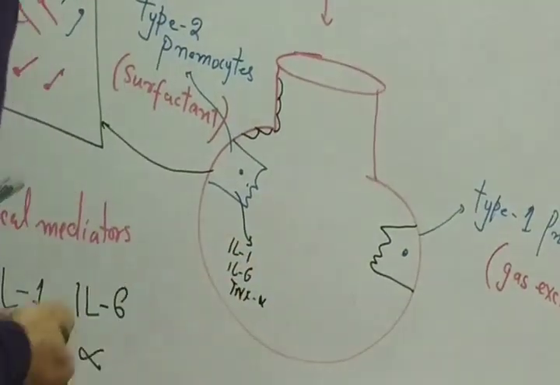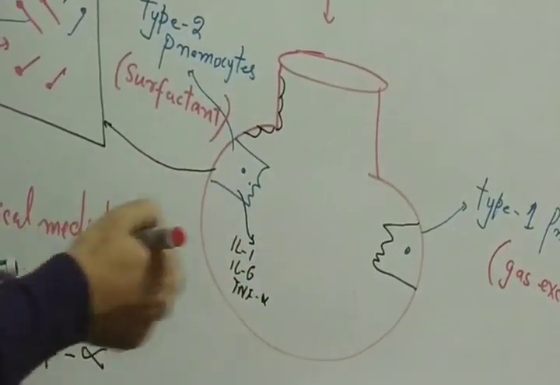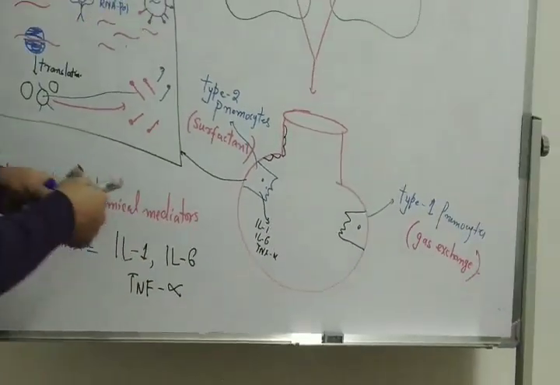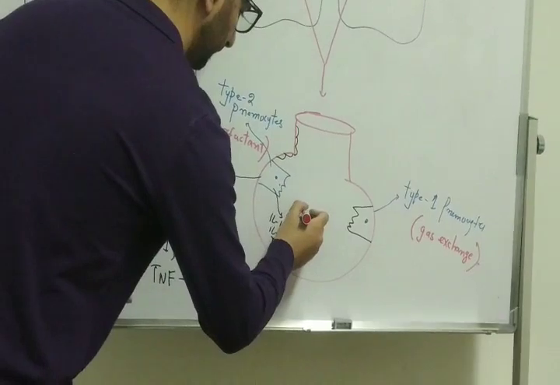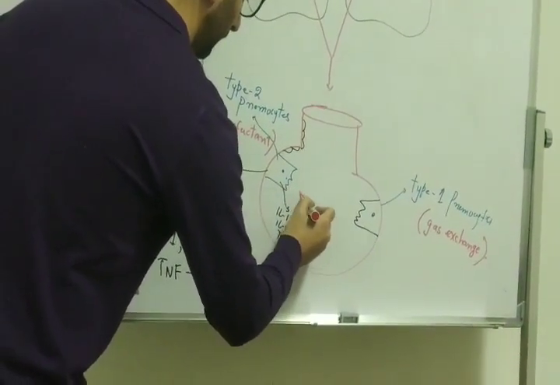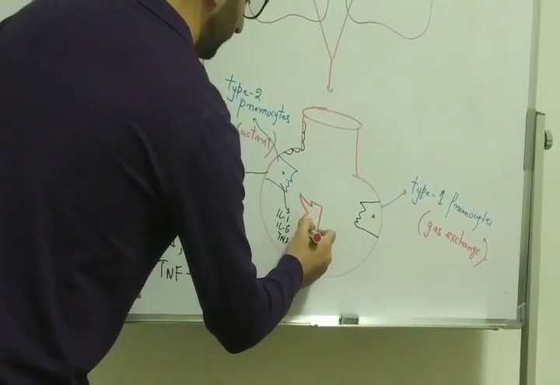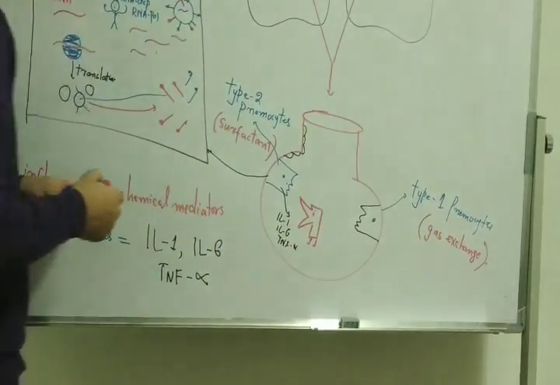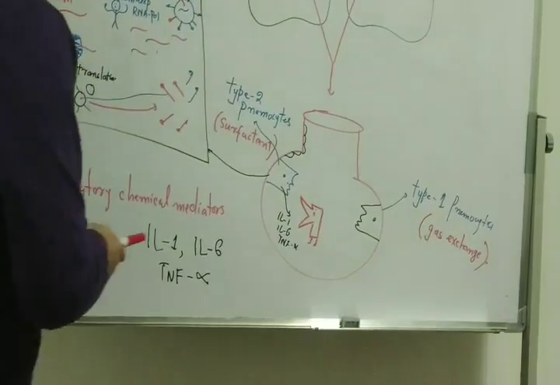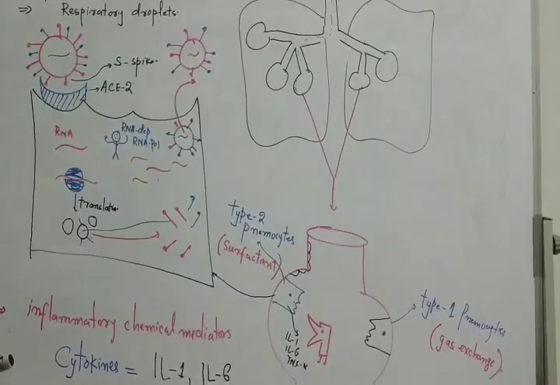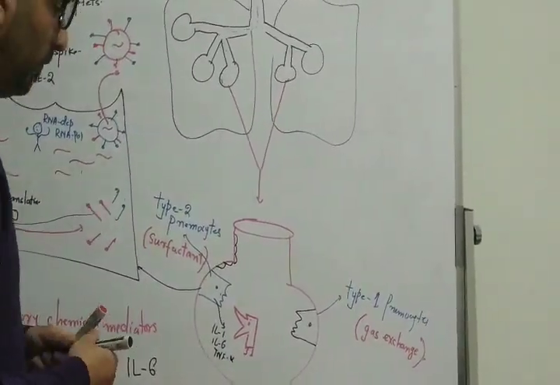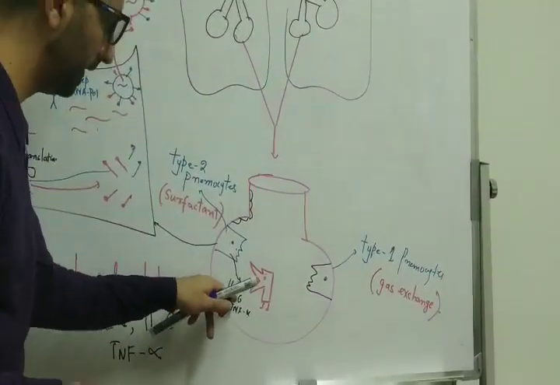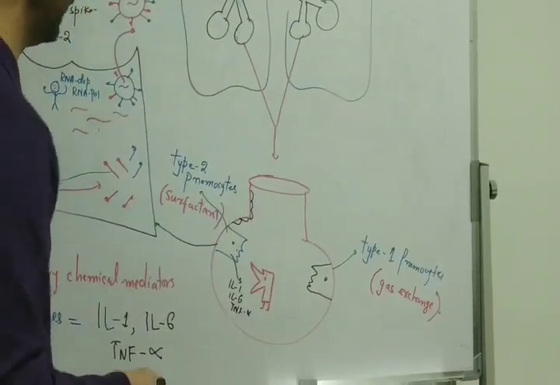So these call the other type of cells. What are the other type of cells? They are called the macrophages. I'll make it here, for example, this is a macrophage. What do the macrophages do? When the macrophages come to this site, they also secrete interleukin 1, interleukin 6, tumor necrosis factor alpha.